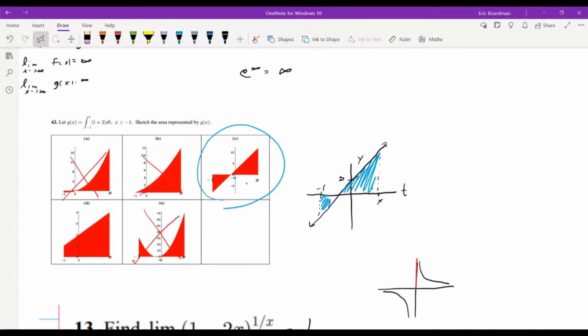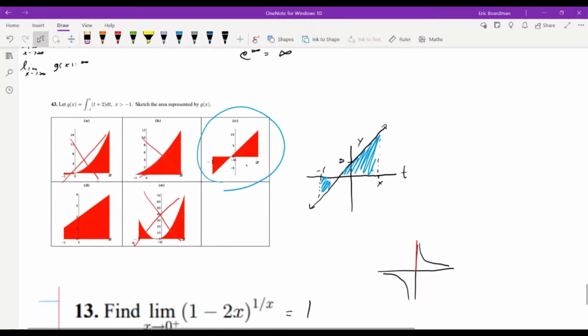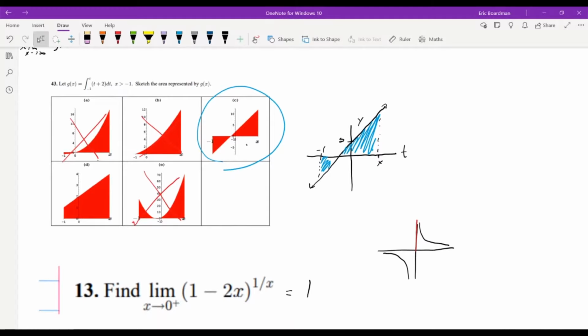I just saw a question. Wouldn't the area question be D because it intersects the t-axis at -2? Oh yeah, true. For some reason I thought that it would intersect before -1, but yeah, you're right. So it would be D. Sorry about that.